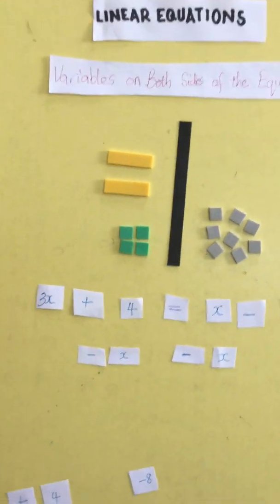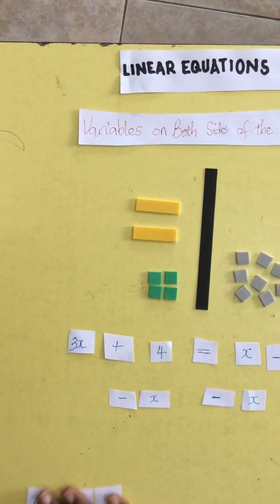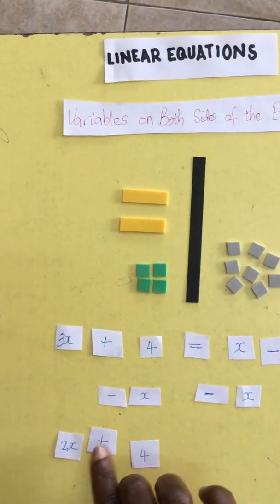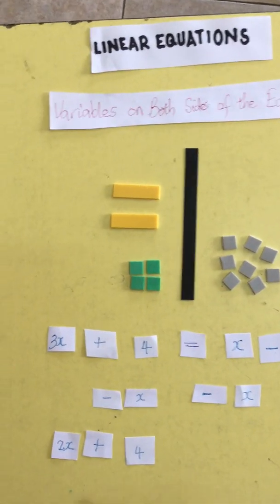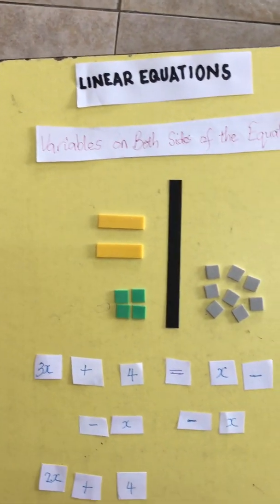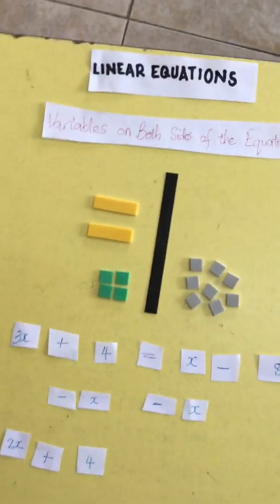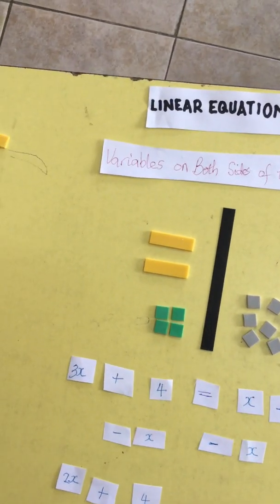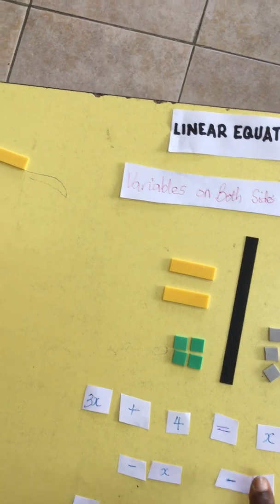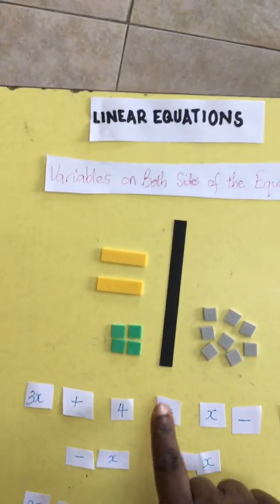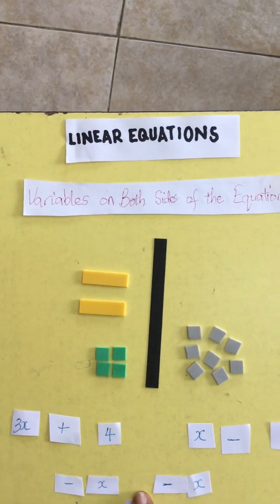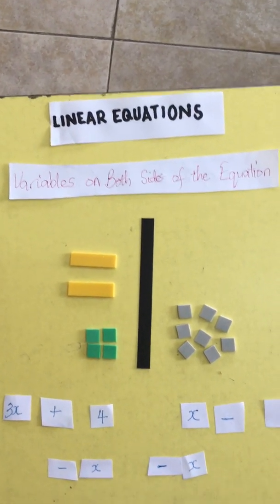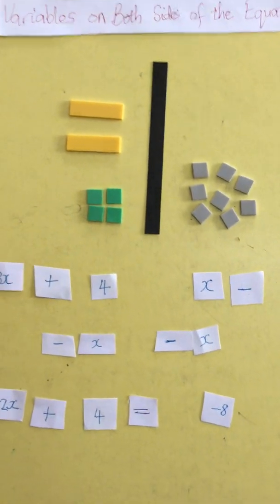So let's write that down. 2x plus 4 equals minus 8.